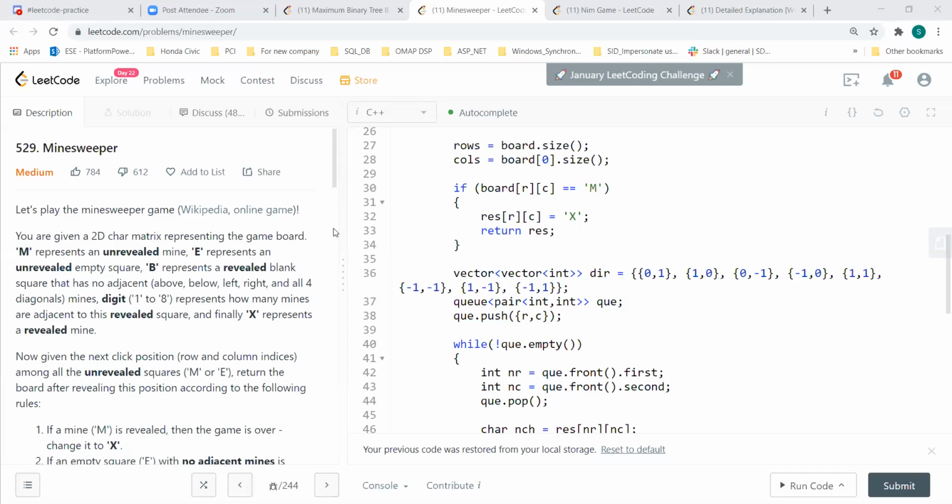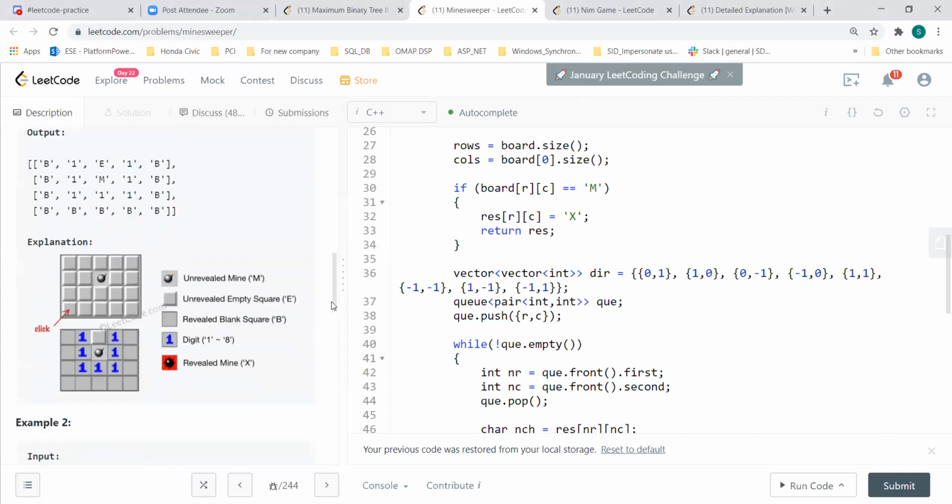Yes, if you click a cell, that is correct. But whenever you click a cell, you will still have to, like in this example, click this particular cell in our Minesweeper. When you click this particular cell here, you still have to unravel whatever is possible recursively.